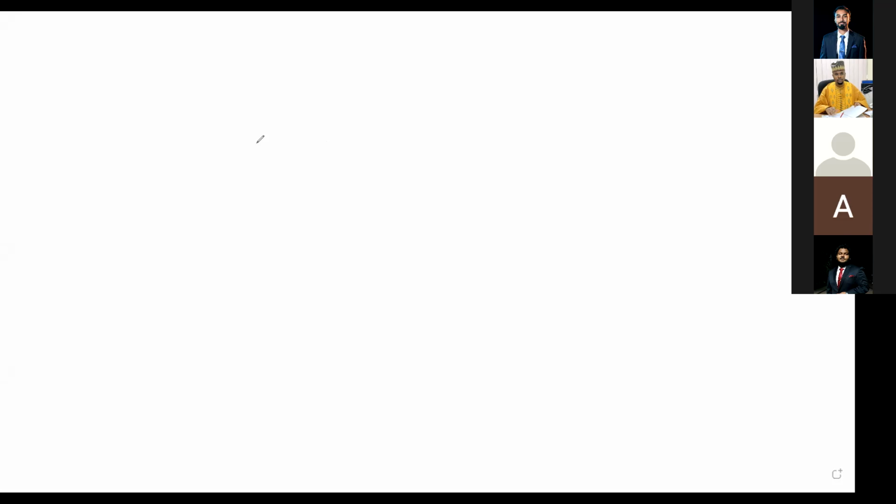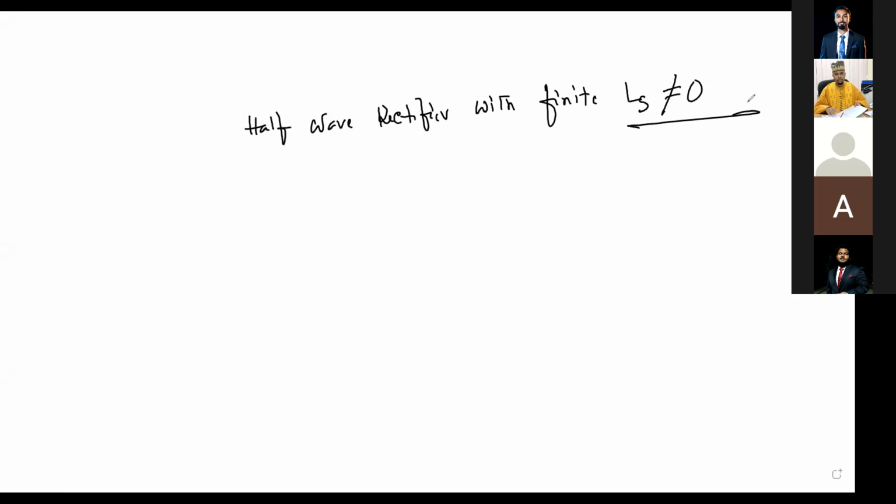Now, solve this problem. Half wave rectifier with finite Ls. That means Ls is not equal to 0. Okay, let us plot this.